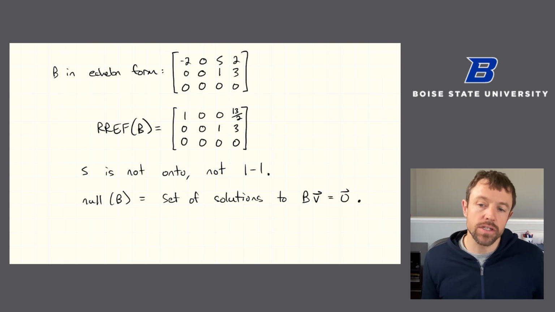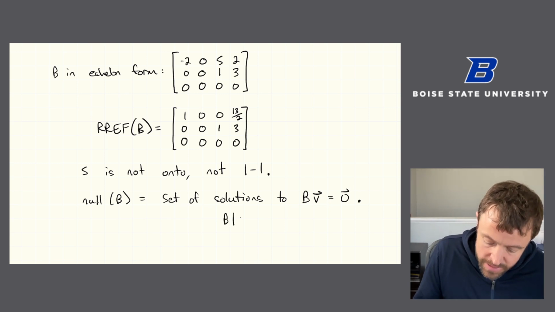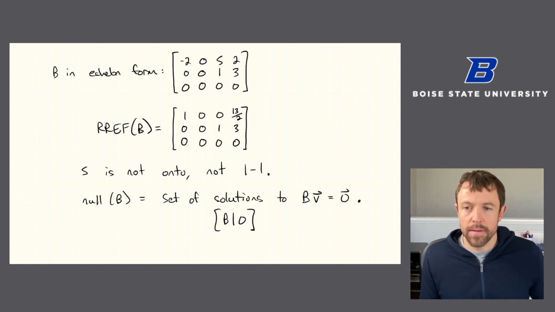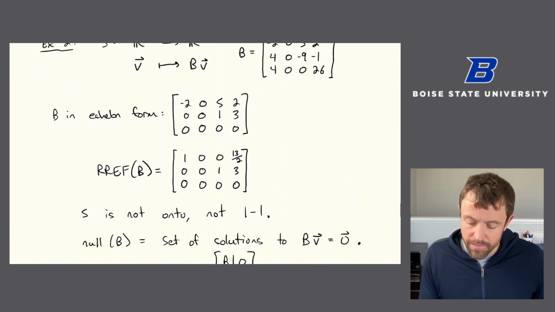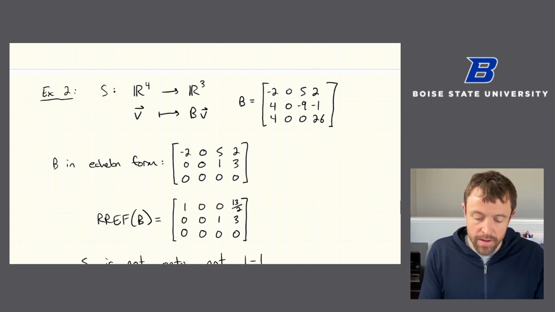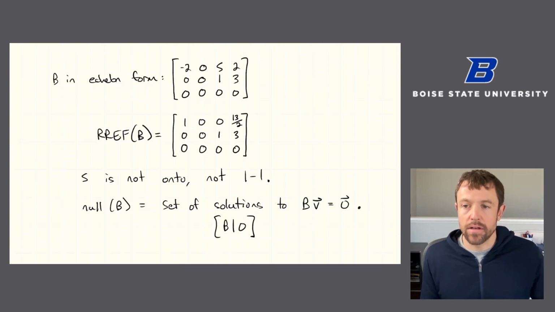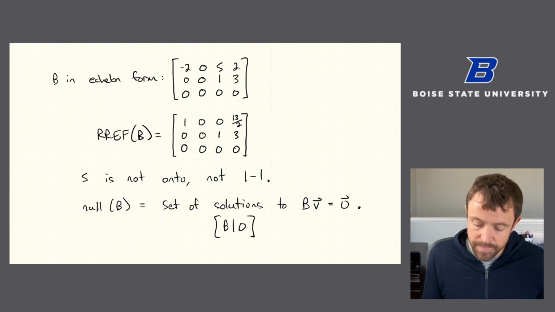That's not how we initially phrased it, but we phrased it as the set of solutions to the augmented system here, but it's the same thing. And this is saying, look, if B times V is 0, then V is mapped to 0. And so this is exactly the null space of the transformation.